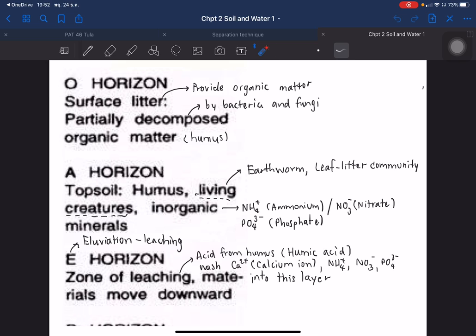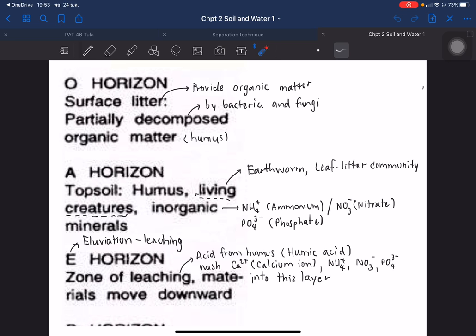So the topsoil here contains humus itself, and even living creatures like the earthworm and the leaf litter communities, for example, the cockroach or any kinds of termite like this. So they help to digest the plant leaves into the soils, and it also increases the levels of inorganic minerals, for example, ammonium, nitrate, phosphate, and many important nutrients for the plant.